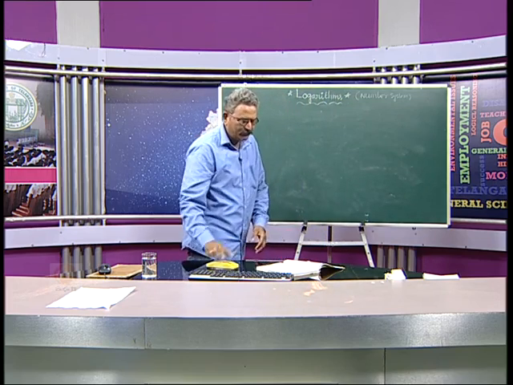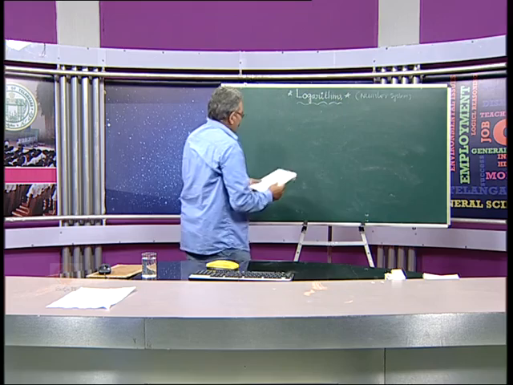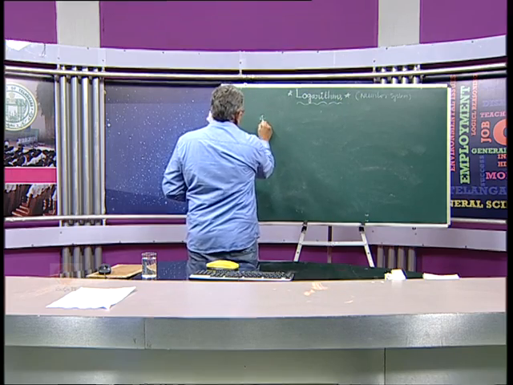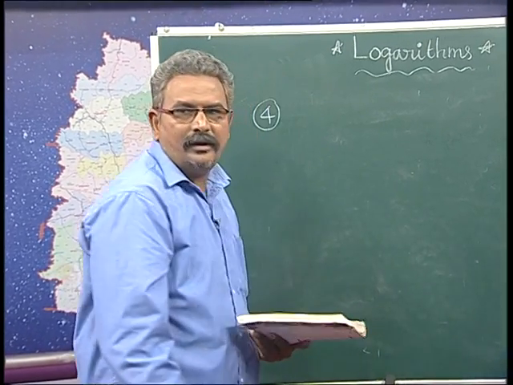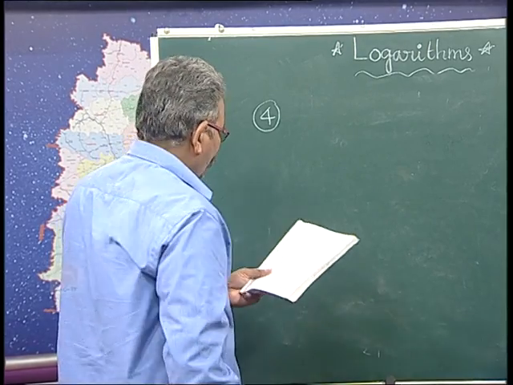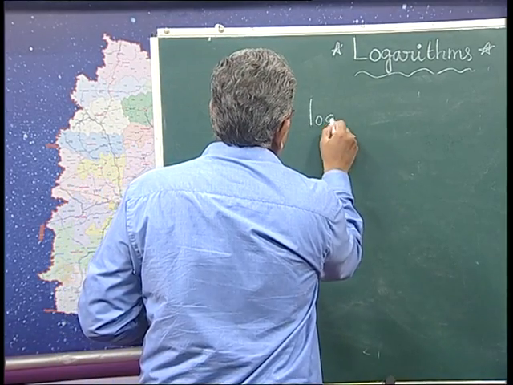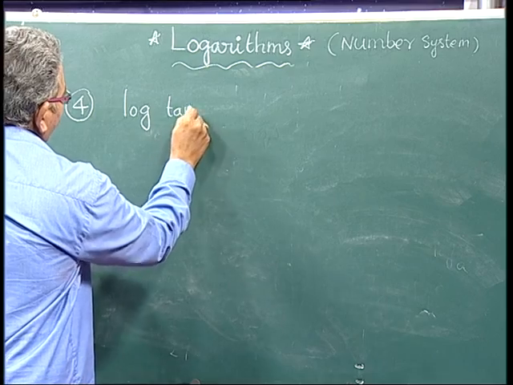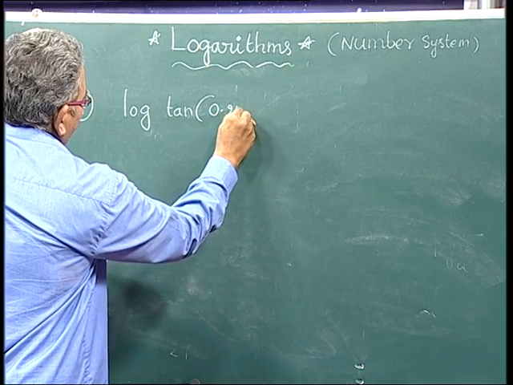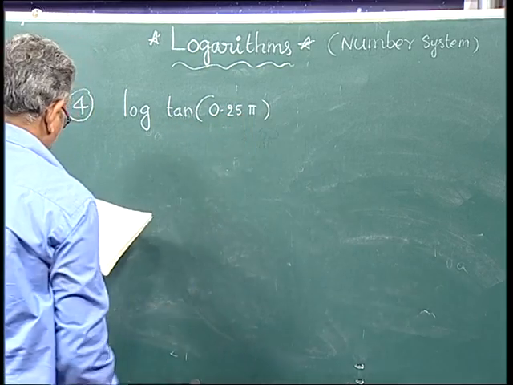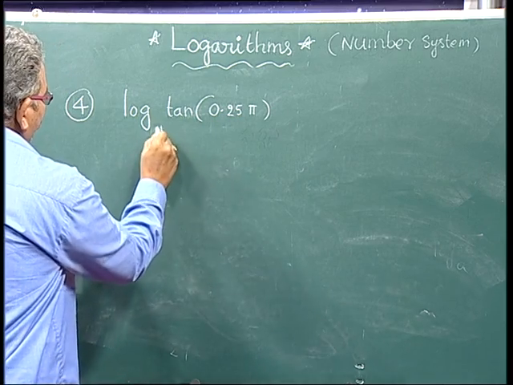So, now let us go for another problem. Log of tan of 0.25 pi to the base 5.